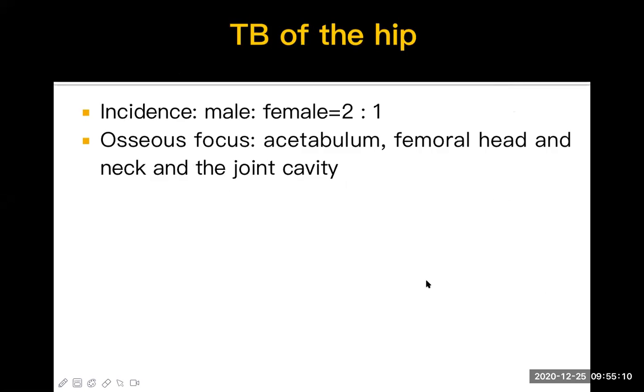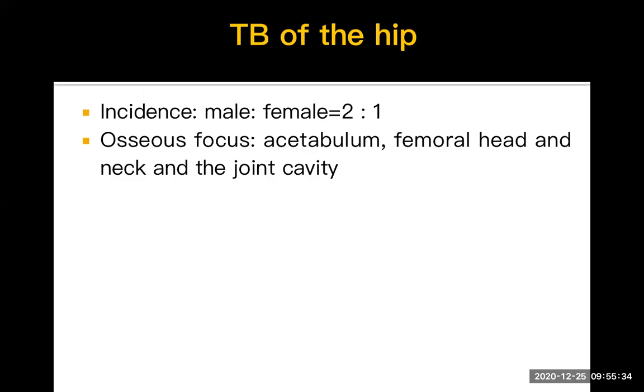Now, there is another type of tuberculosis of the skeletal system, that is tuberculosis of the hip. If you remember, in the beginning of this class I told you tuberculosis of the spine is the most common one, followed by hip and knee. So let's talk a little bit about tuberculosis of the hip. According to the incidence, the male to female ratio is 2 to 1.